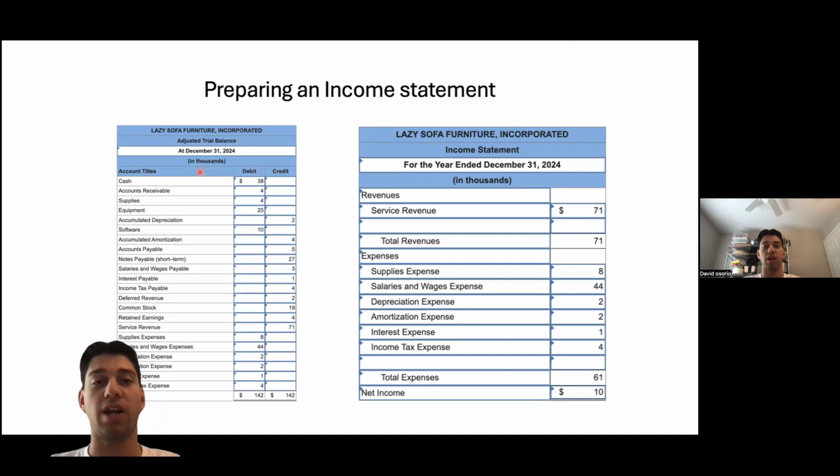We take from our adjusted trial balance the accounts that belong in our income statement, such as service revenue, supplies expense, salaries, depreciation, amortization expense, interest expense, and income tax expense. We first put our total revenues, then our expenses, and then we subtract them, and we have our net income of 10. And that's our income statement.